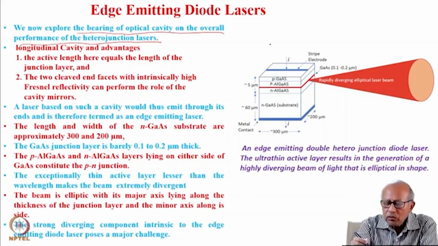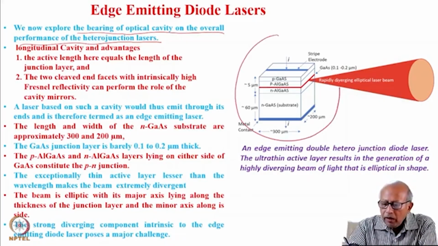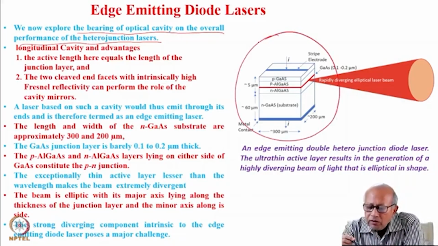So you see, here we have a heterojunction laser. As you can see, this is the gallium arsenide intrinsic semiconductor, which is sandwiched between two other semiconductors, one side is doped to generate P-type semiconductor.